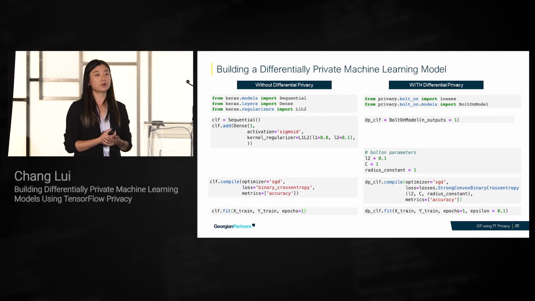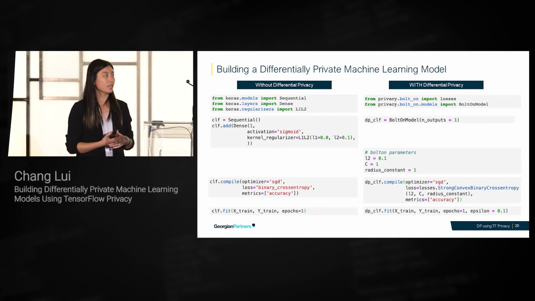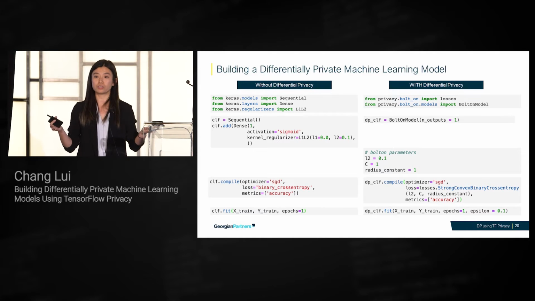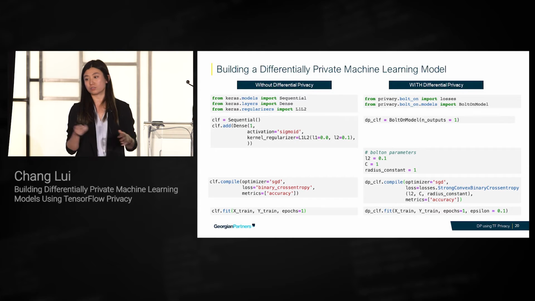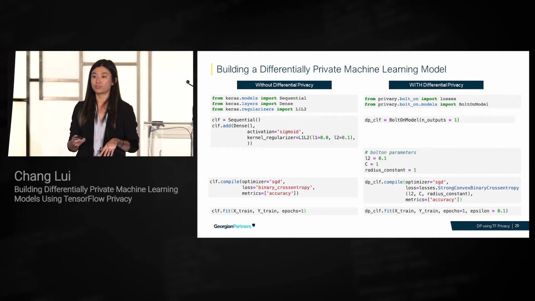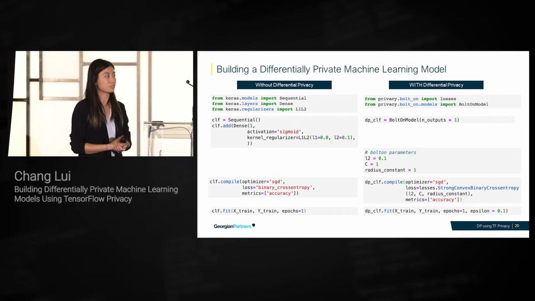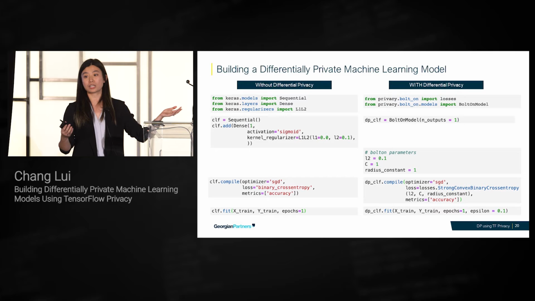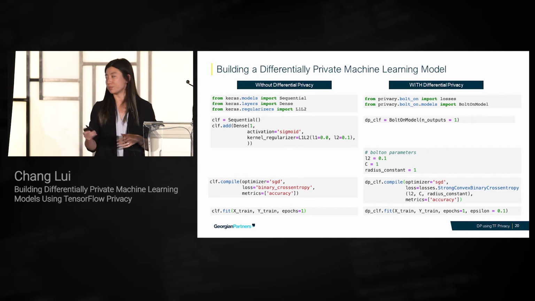When you're compiling your model, you can specify any optimizer that Keras supports. When choosing the loss, you just have to choose the differentially private loss, and then pass some of the differential privacy parameters. And you just train the model as you would typically do with a Keras process, except that you have to pass in this extra epsilon privacy budget.